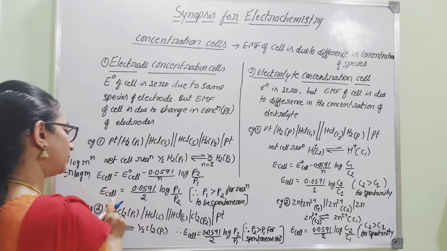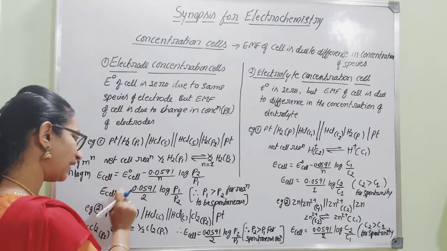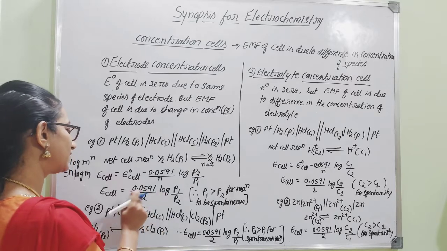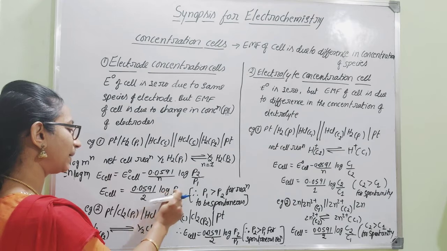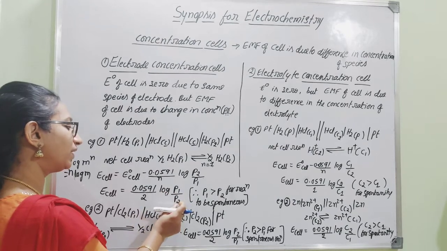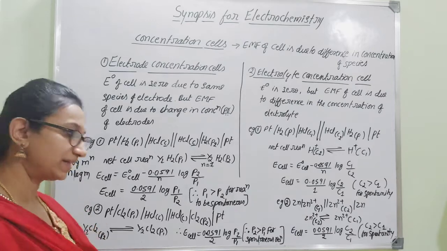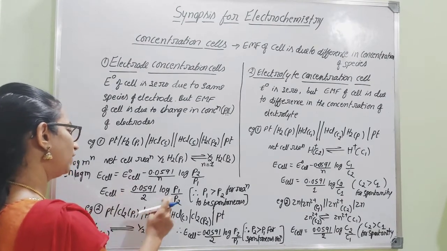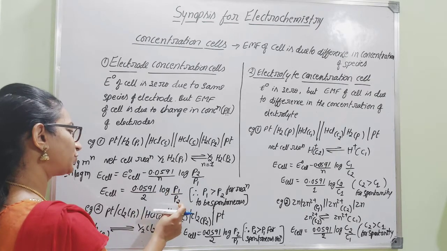E cell should be positive. If you want to get E cell value as positive, then how is it possible? Only thing is, here positive symbol of course, but if you want to calculate this log P1 by P2, you should not get that value less than 0. It should be greater than 1. Then only it will become positive.